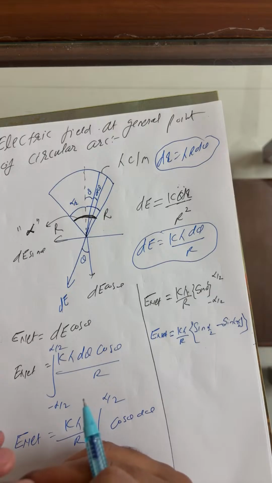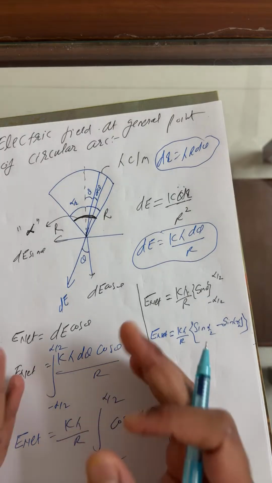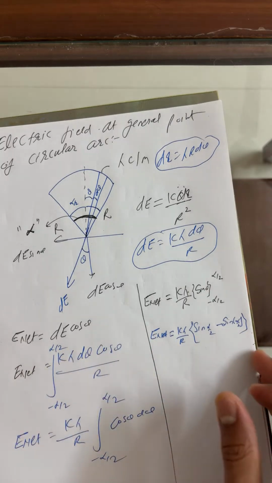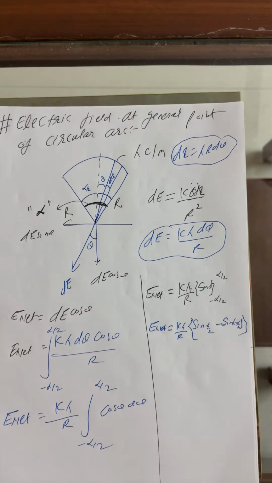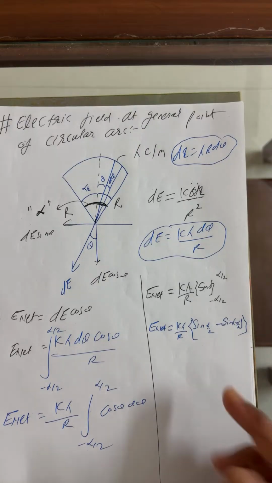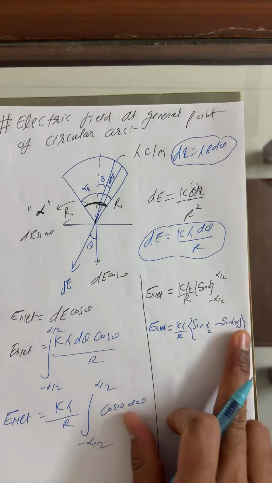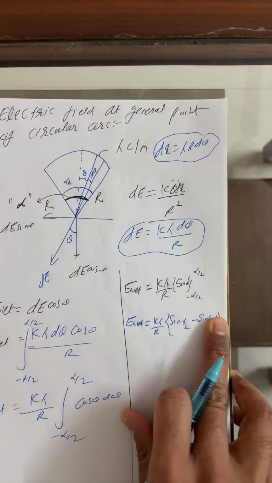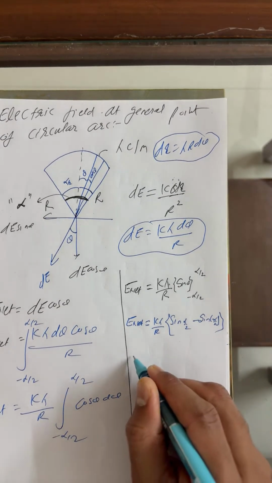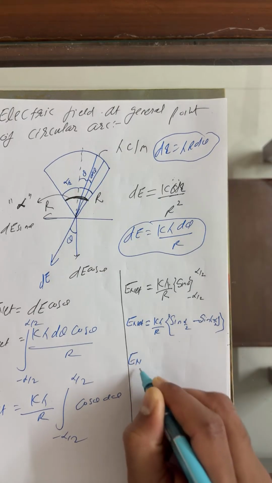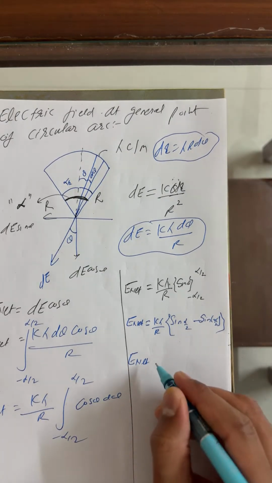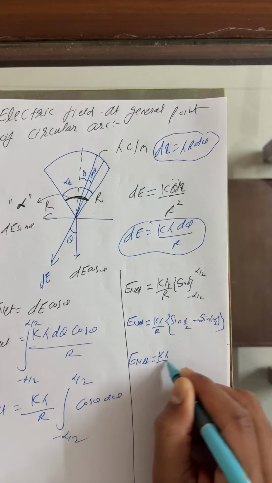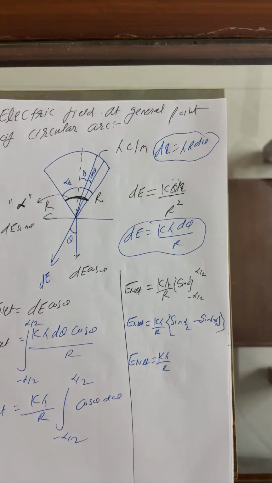Cos and sec do not change sign, but the remaining ones do. So sine of minus alpha by 2 becomes minus sine alpha by 2, and the minus sign comes outside. So finally, the electric field at any general point of a circular arc is K lambda by R.